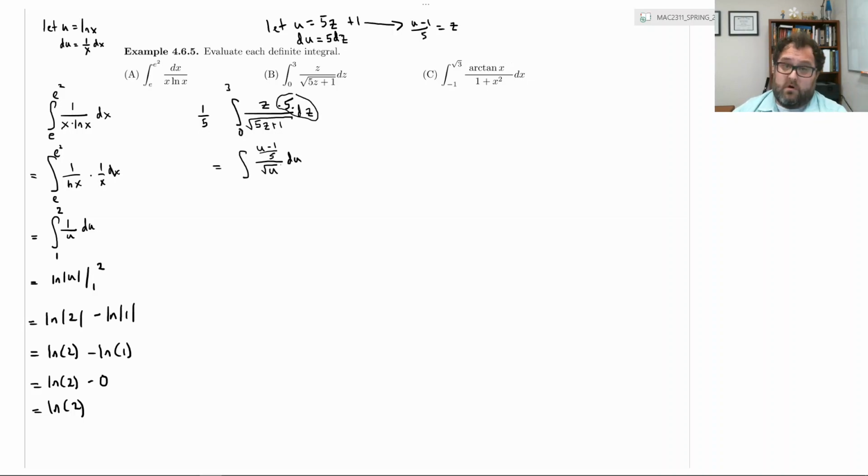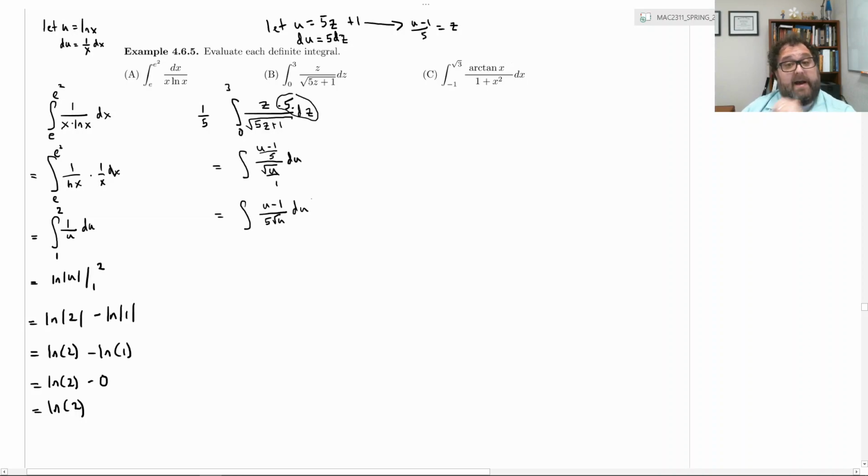But I think we can work with this. We have a fraction divided by a fraction, so what do you do? You flip the divisor and multiply. So we're going to end up getting something like this: u minus 1 with a 5 and a square root of u on the bottom, like so.